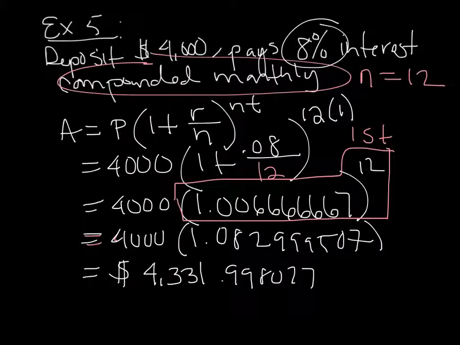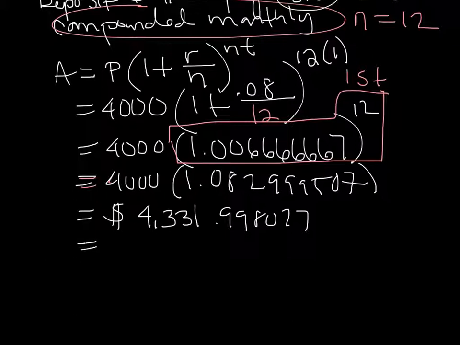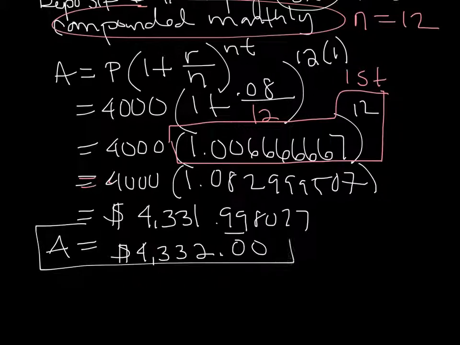We want to round to the nearest cent, so it's 99, and we can just say $4,332. That's our future value. After 1 year, this is what is in our account, $4,332. Not too shabby. Just for letting it sit there for 12 months, you get a little over $300.